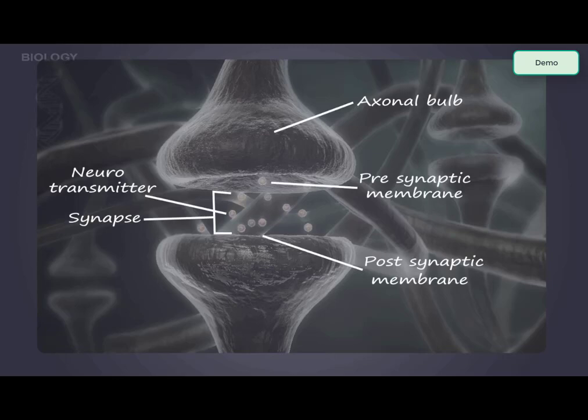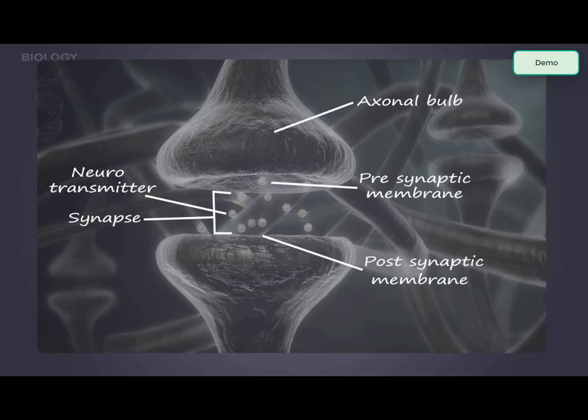Now at the post-synaptic cell, you can see that there are receptors which receive the neurochemicals sent by the presynaptic cells, and then they are sent to the dendrons, and from there they are carried further. So this is how the exchange happens, and depending on which type of nerve fiber is involved, the neurotransmitters change.